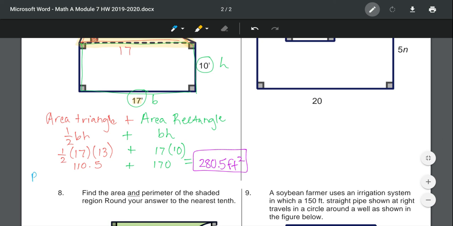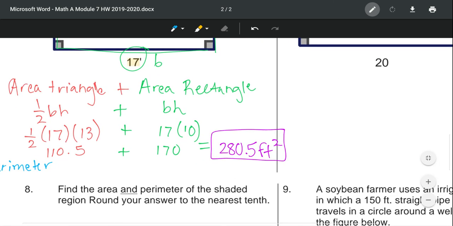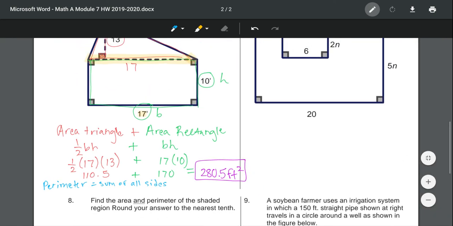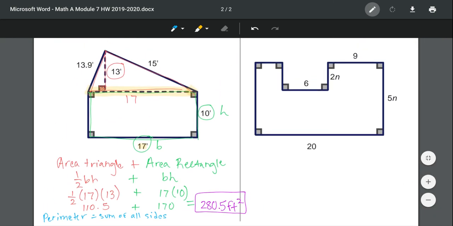Now for the perimeter, you want to add up all the side lengths. So let's go back and revisit our shape. For the rectangular part, if we know this right side is 10, that means the left side is equal to it, so it'd also be 10 feet.